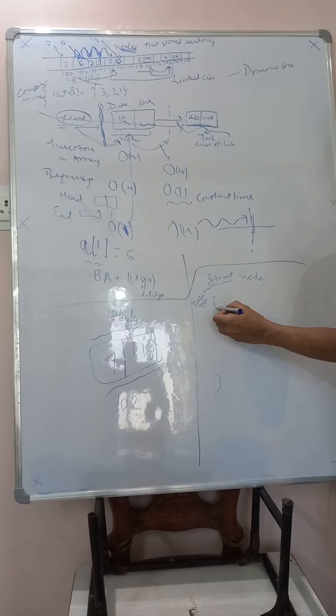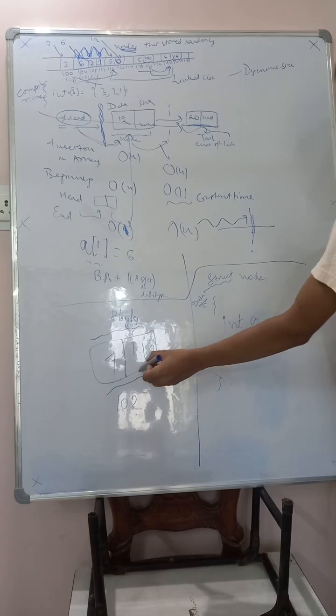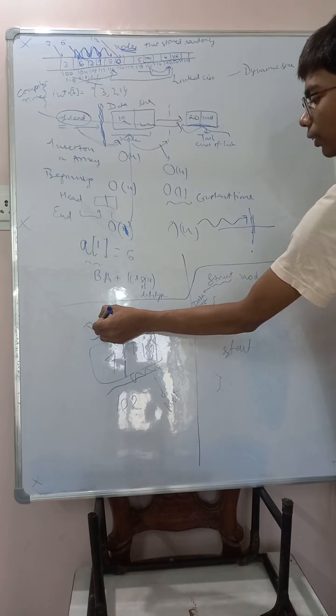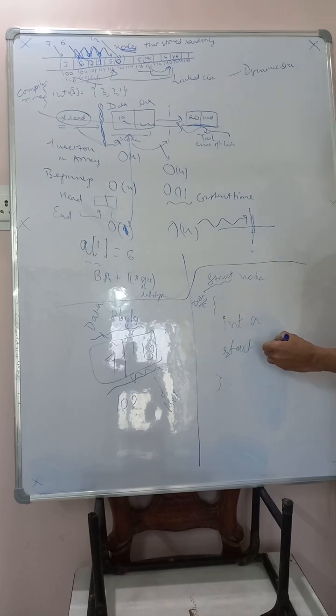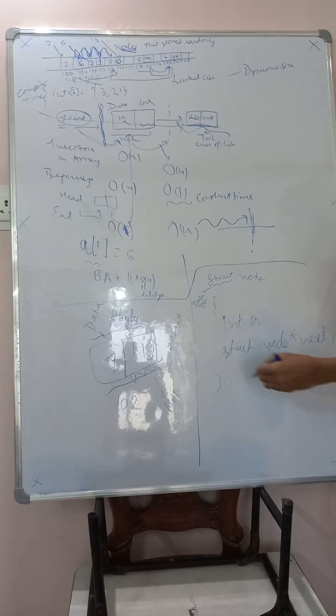And I will declare my variable, and then I will declare my pointer, the next part, the link part, this is my data part. Struct node start, next, right? This will be my next, right? This is my code for representing a node, right?